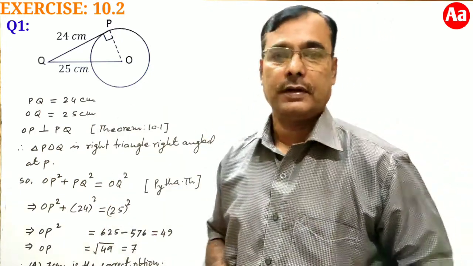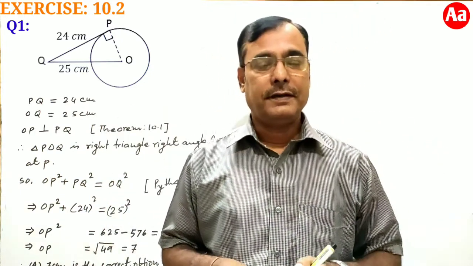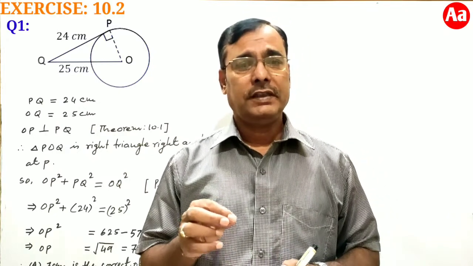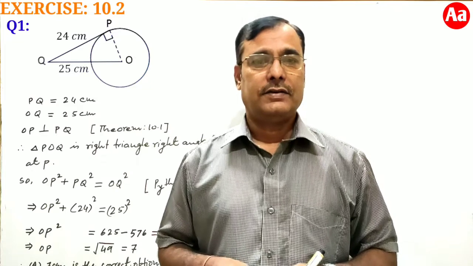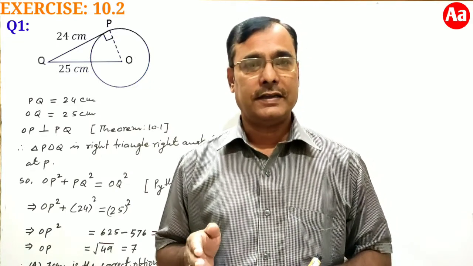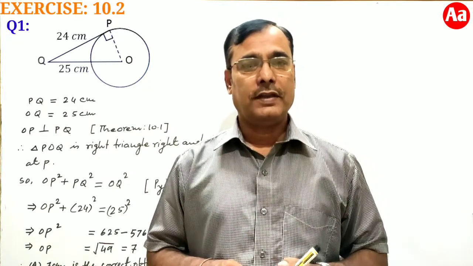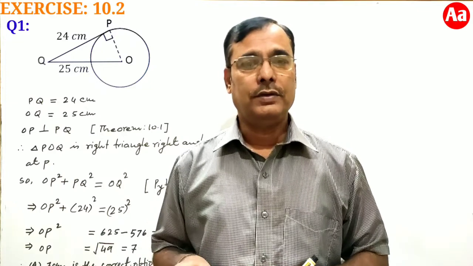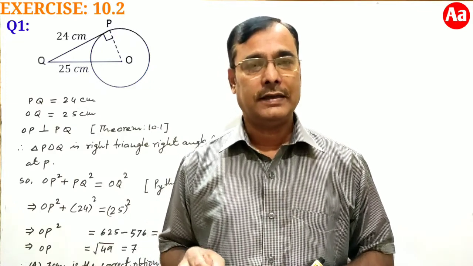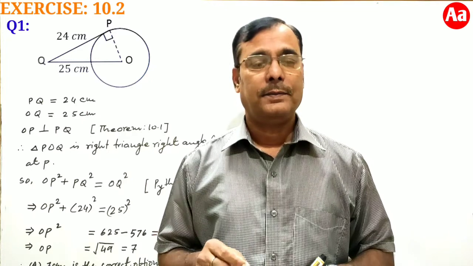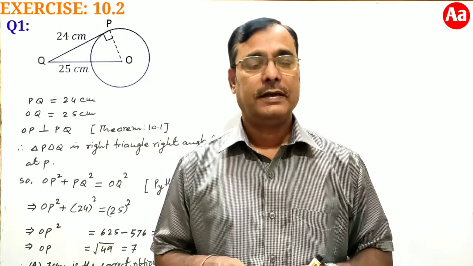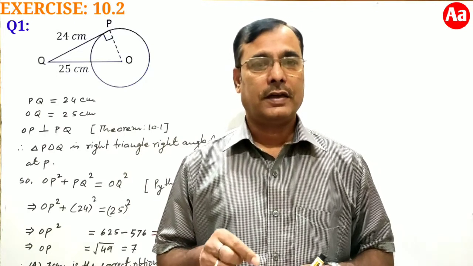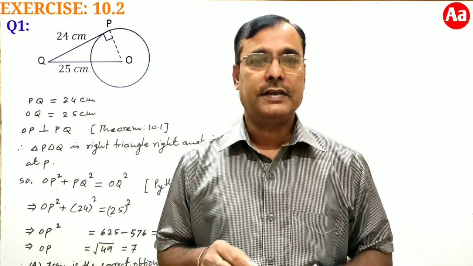Now question number 2. In given figure, if TP and TQ are two tangents to a circle with center O, so that angle POQ is equal to 110 degrees, then angle PTQ is equal to. 4 options are given and we have to choose one correct option for angle PTQ.